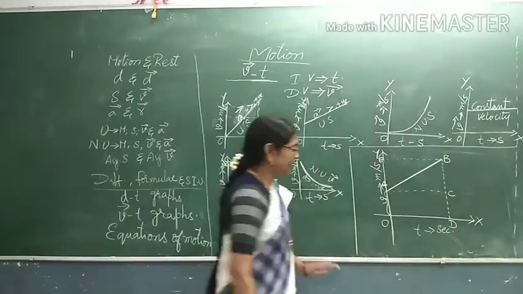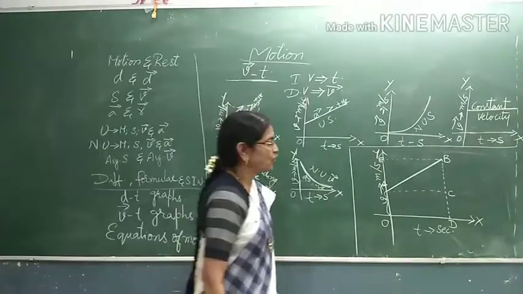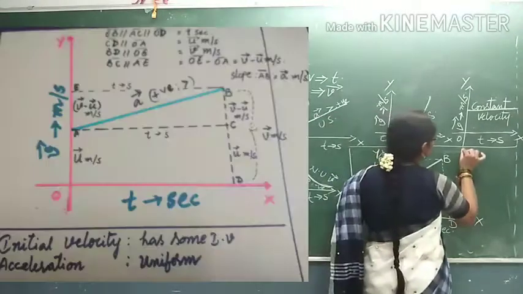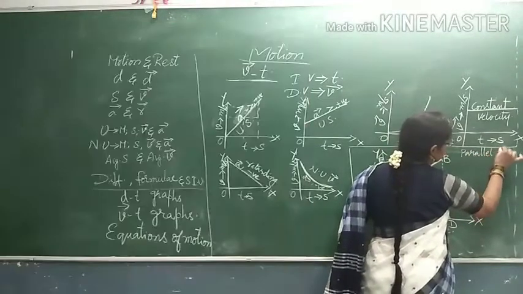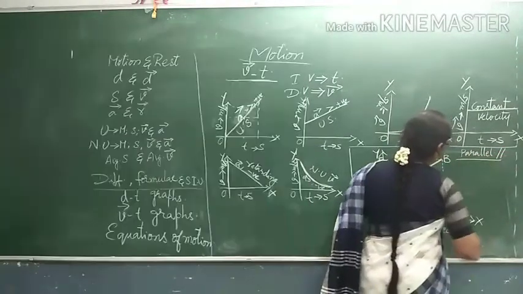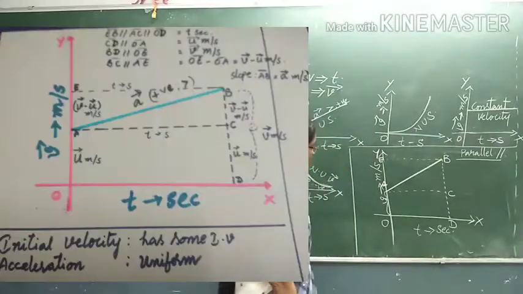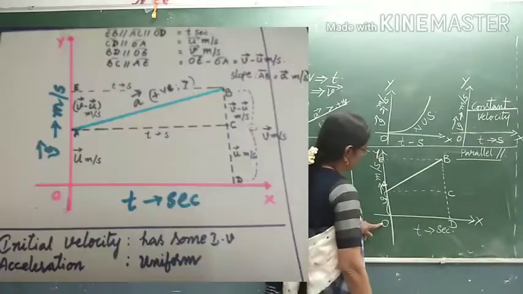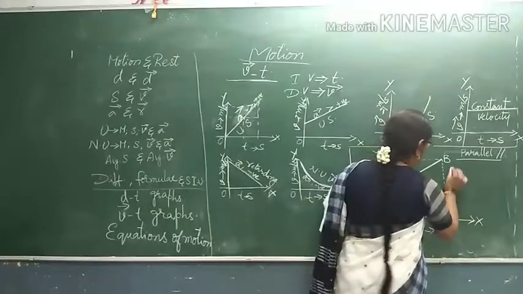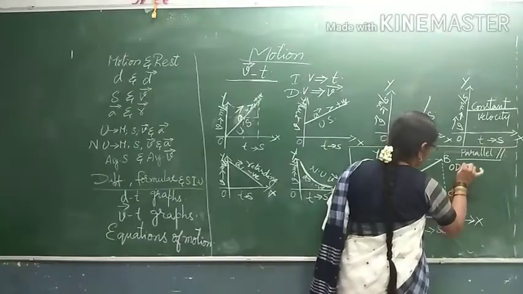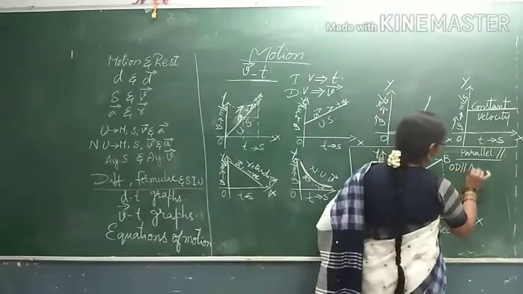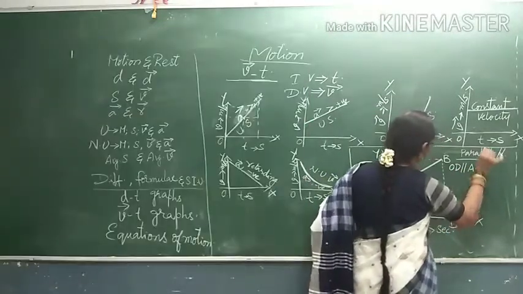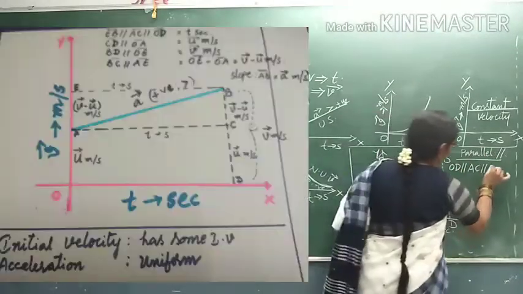Now what are the parallels here? Please see. Only parallel lines we will write. What are the parallel lines here? Take OD. OD is parallel to AC. Again this is parallel to EB.